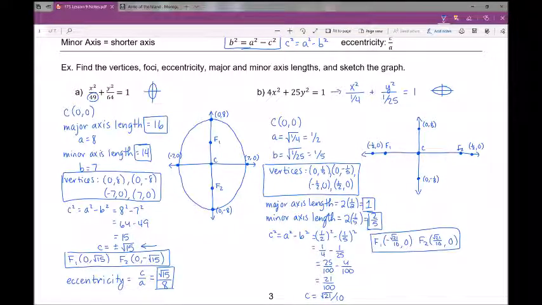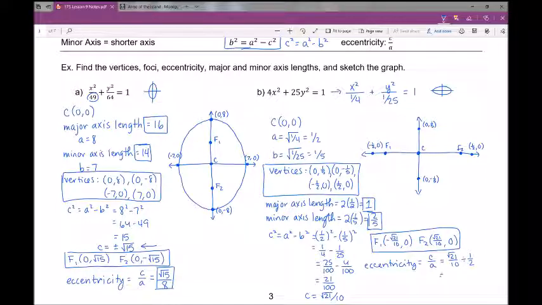And the last thing that I want to find is the eccentricity. So the eccentricity, again, is just C over A. So I found C to be the square root of 21 over 10, and I found A to be 1/2.